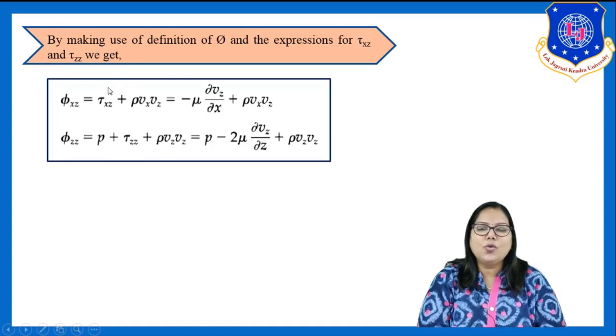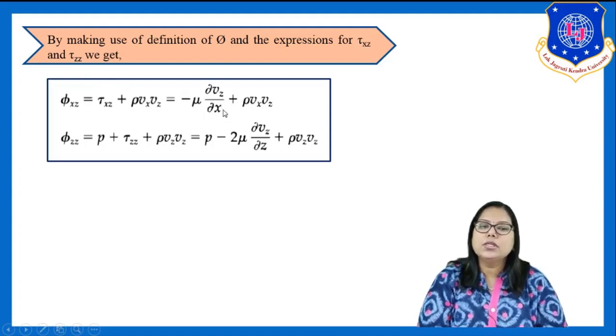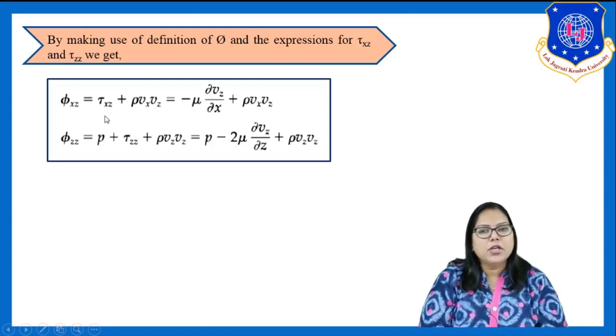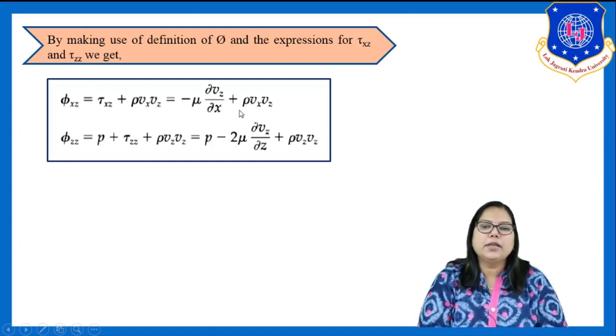Here in place of tau I can write minus mu curly vz by curly x. How can I write this? I am using Newton's law of viscosity. What is Newton's law of viscosity? Tau is equal to minus mu du by dy. So phi xz is equal to minus mu curly vz by curly x plus rho vx vz, and phi zz is equal to p minus 2 mu curly vz by curly z plus rho vz vz.